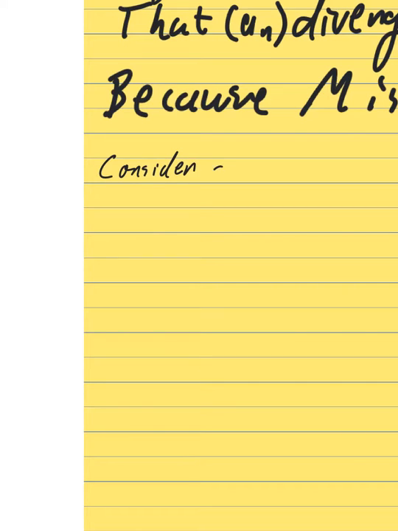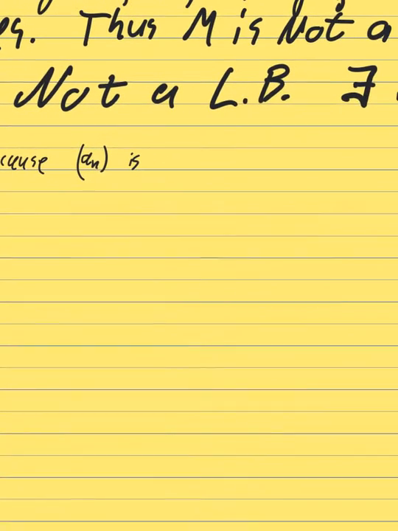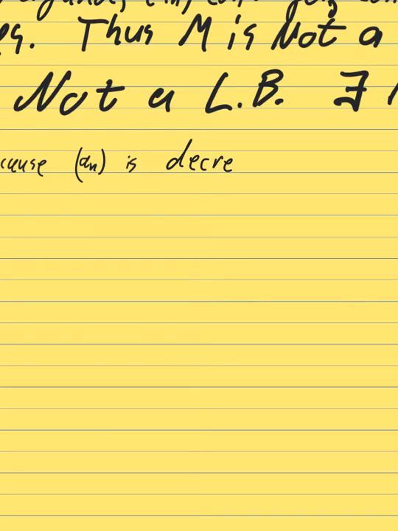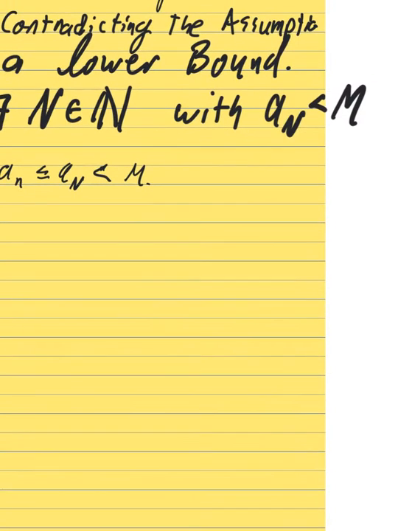Consider any little n bigger than big N. Because A sub n is decreasing, that means that A sub little n is less than or equal to A sub big N, which, not by assumption, but because of the preceding line, is less than big M. Thus, A sub little n is less than big M.